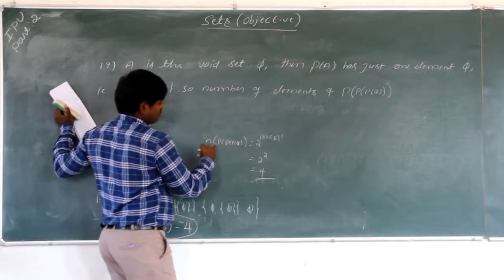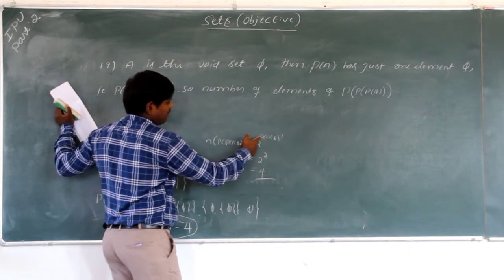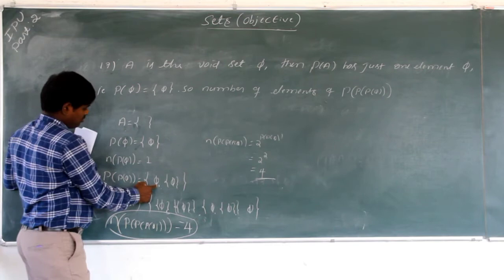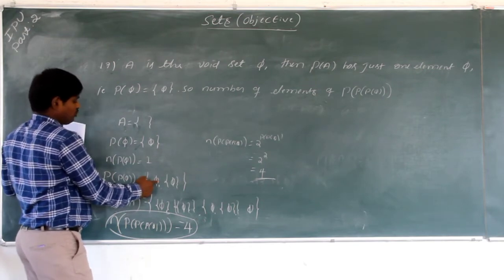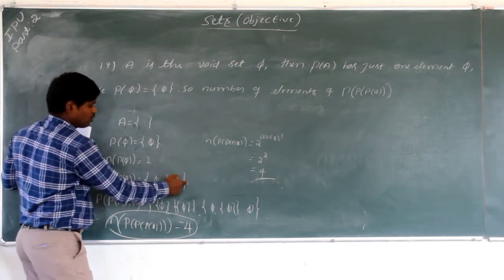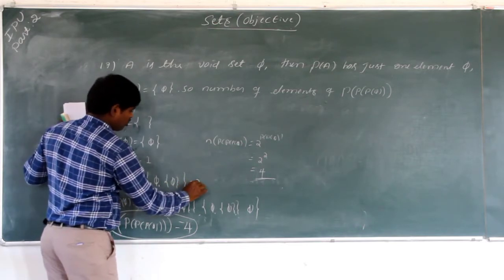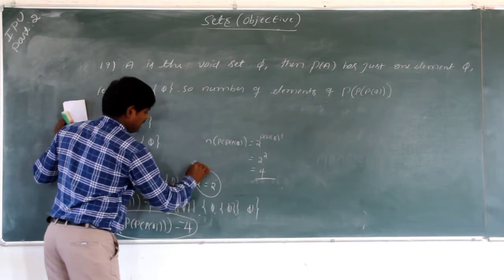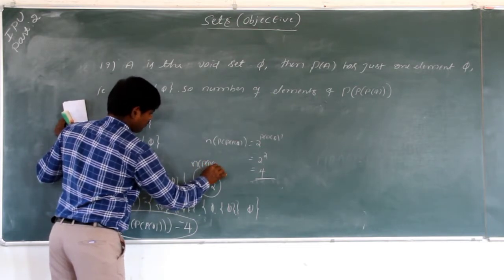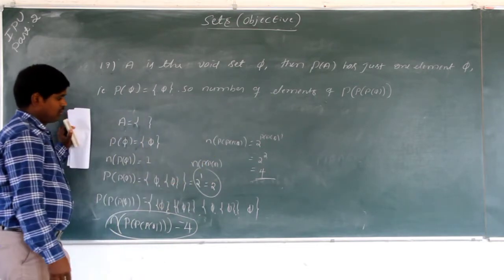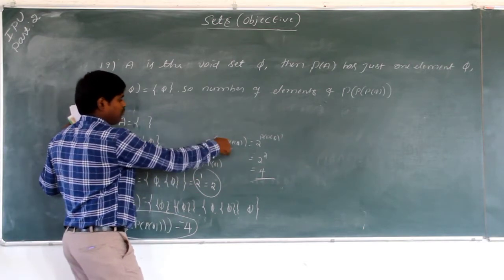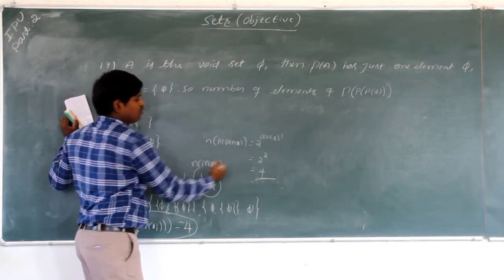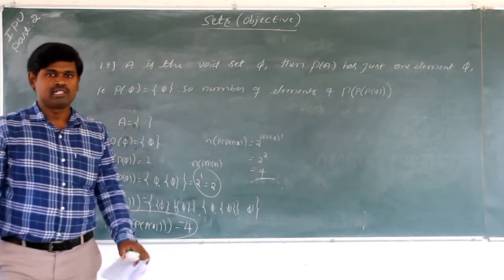This is also the same: n of P of A is 2 to the power of n of A, which is 2 to the power of 1, that is 2 elements. So n of P of phi is 2 to the power of 1. Then n of P of the null set is 2 to the power of n of P of phi, 2 to the power of 2, which is 4. Is it clear?